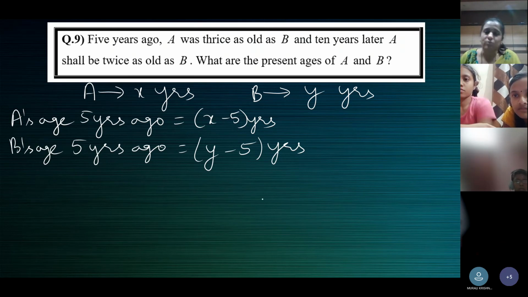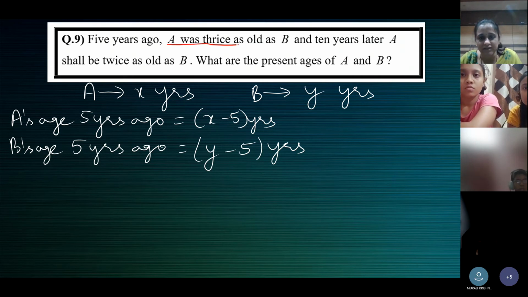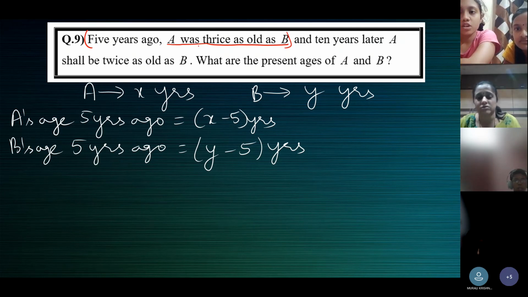Now, what is the condition given about their ages 5 years ago? A was thrice as old as B. 5 years ago, X minus 5 equals 3 into Y minus 5.